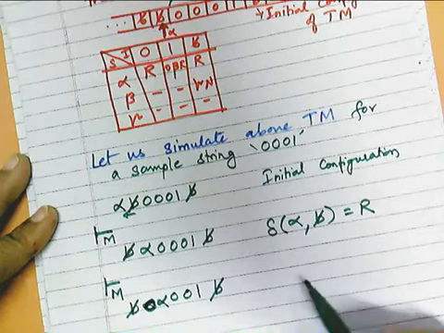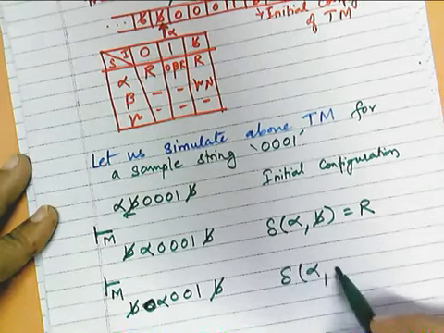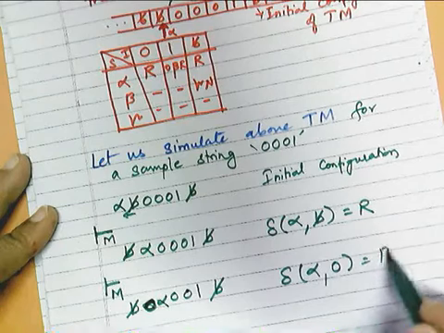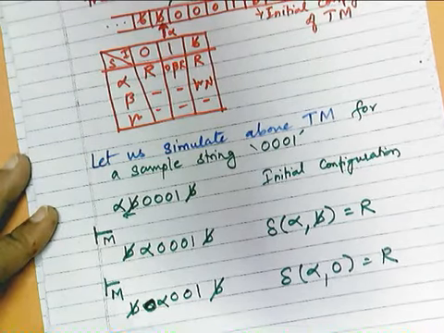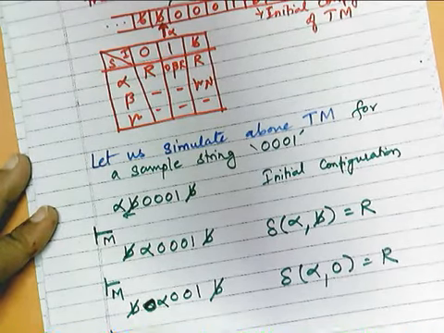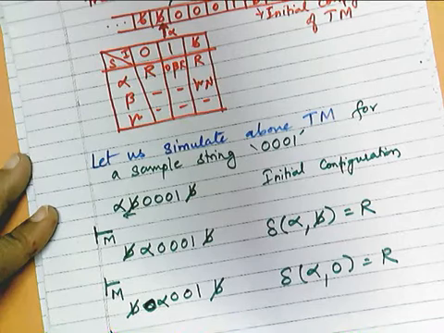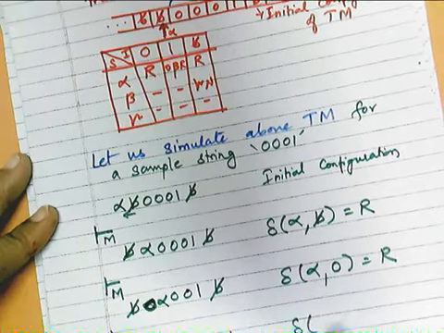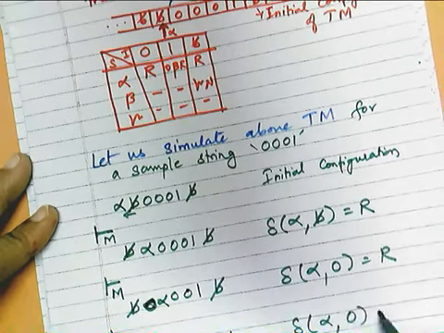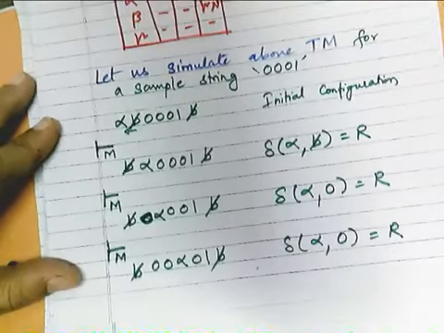This is because we are again applying alpha 0 moving towards the right. Again we get the same situation and need to move the head towards the right. So alpha will go here, and the reason is the same, alpha 0 gives right.